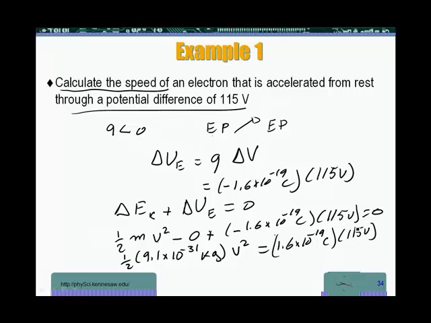So 1.6 times 10 to the minus 19, times 115, multiplied by 2, that's the half to the other side, divided by 9.1 times 10 to the minus 31 kilograms.